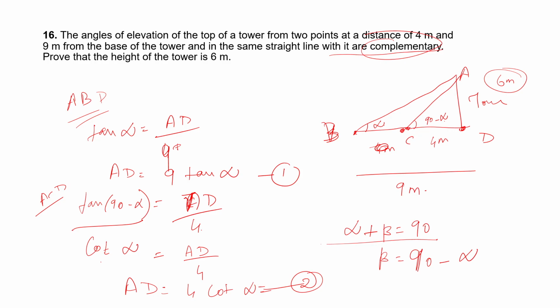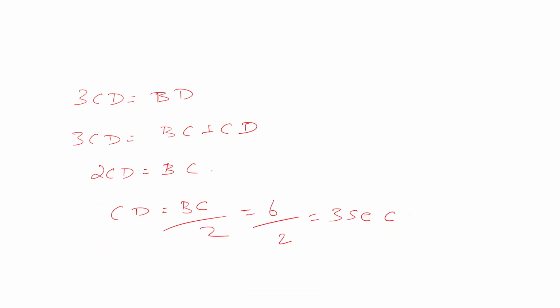So the thing is cot alpha is equal to... so AB by... we can keep it as tan alpha equal to 4 cot alpha.